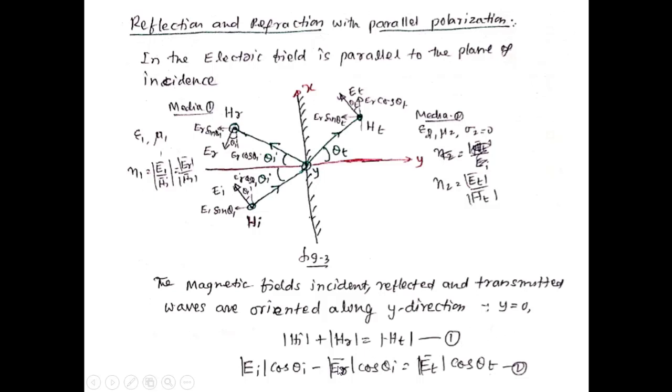Therefore, we will get the sum of the incident magnetic wave plus the reflected magnetic wave equal to the transmitted magnetic wave. And for the electric field, we get E_I cos θ_i minus E_R bar cos θ_i equals E_T bar cos θ_t.